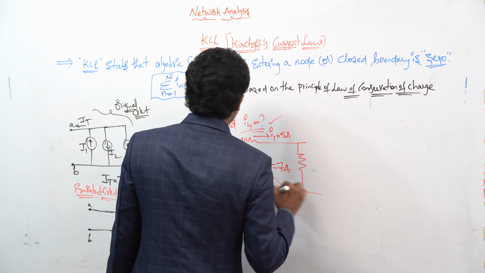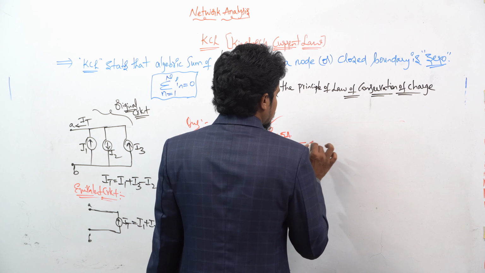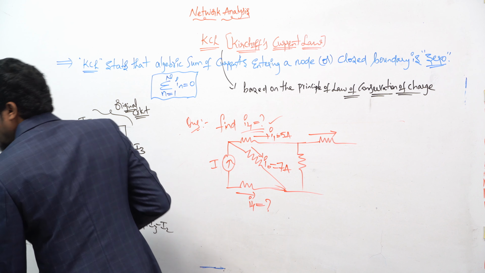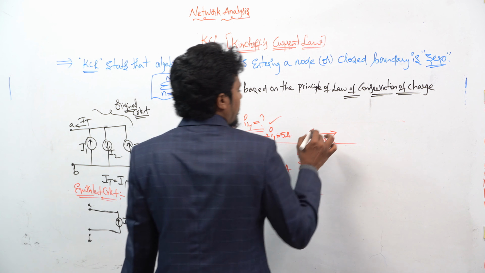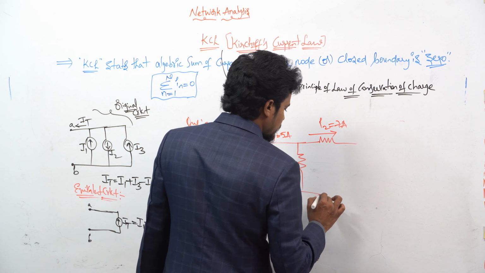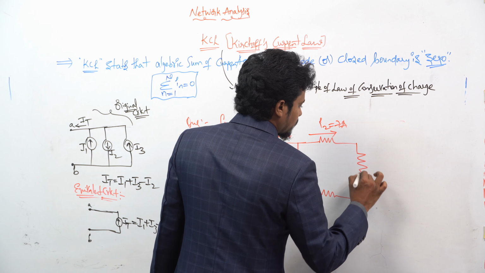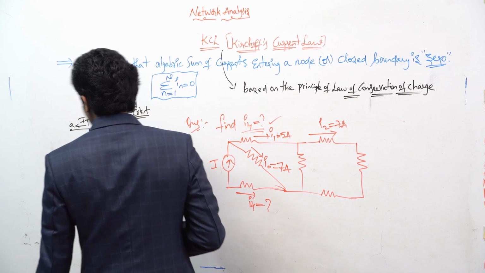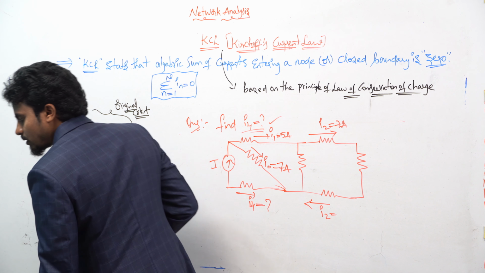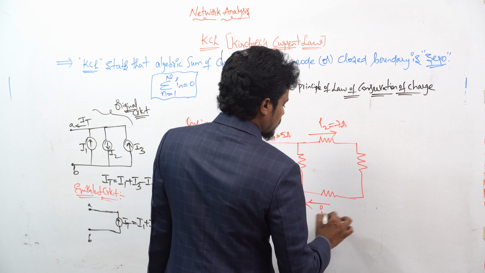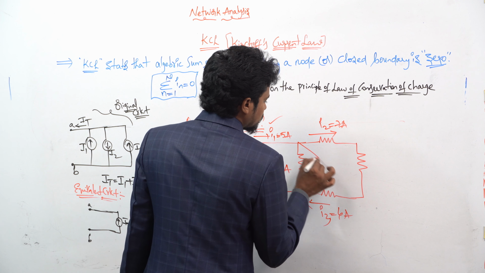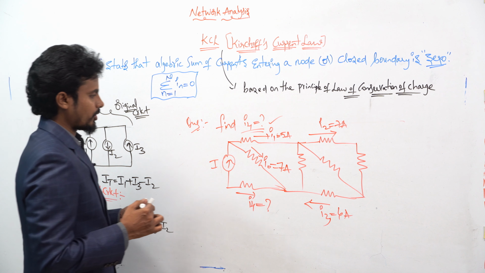And similarly I2 is equal to 7 amperes. Here they have given I3 is equal to 4 amperes. Okay, this is the question they have given.